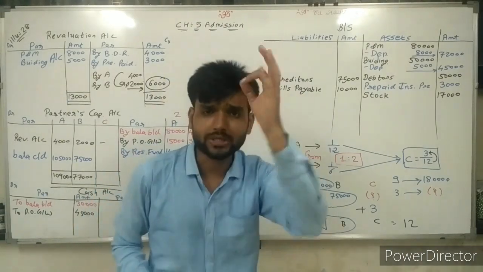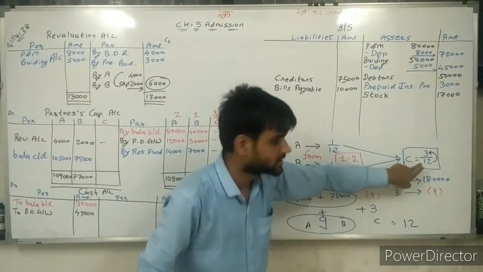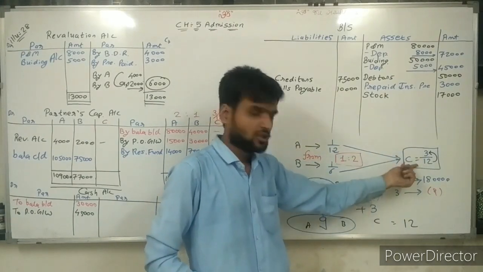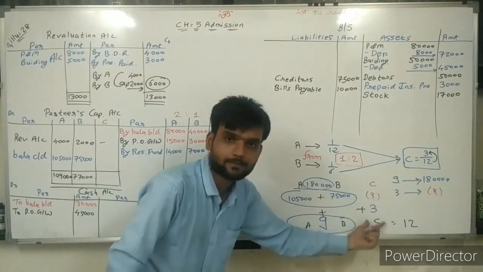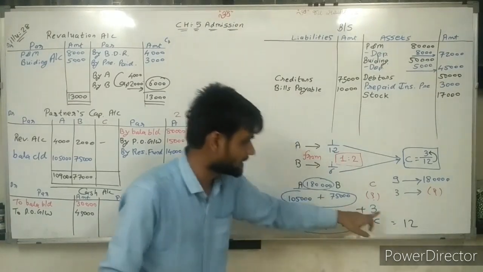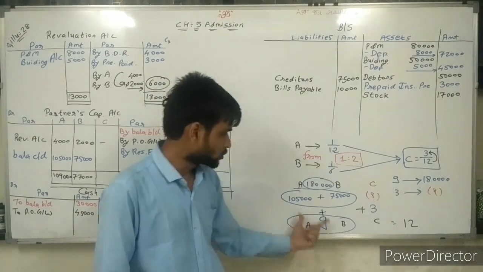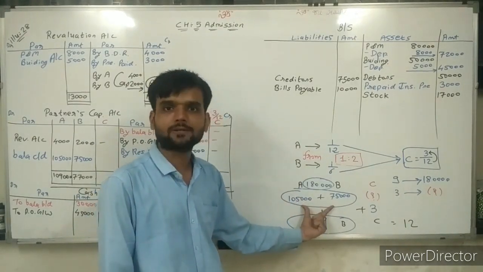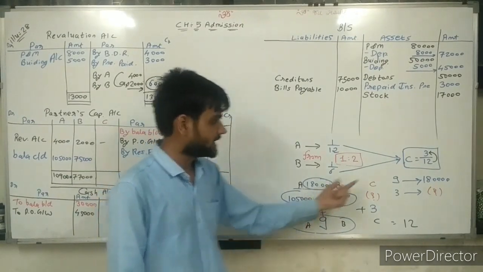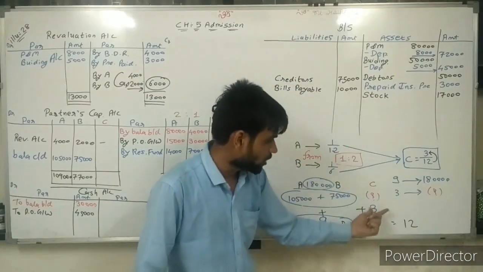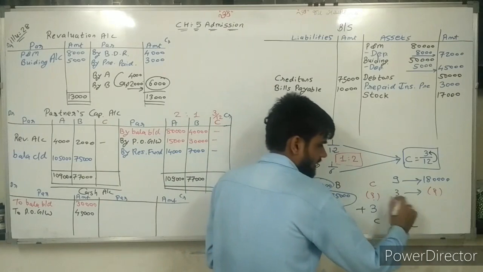Again I am repeating, try to understand. From 12, 3 is the portion of C. 12 minus 3, the remaining amount is of the 2 partners, 9. Now the 2 partners' closing balance is already given, 180. For 9, 180. What for 3? Now calculate.